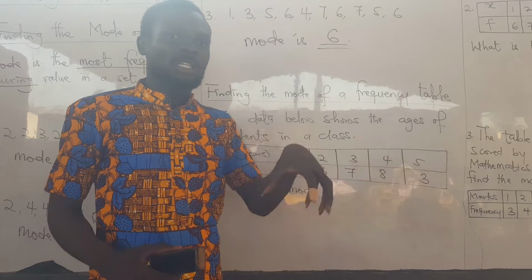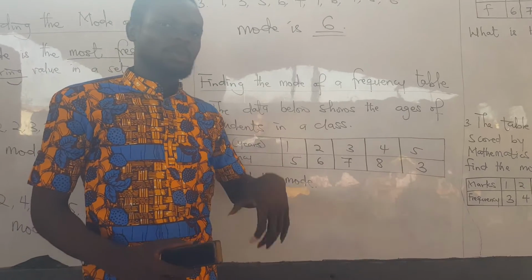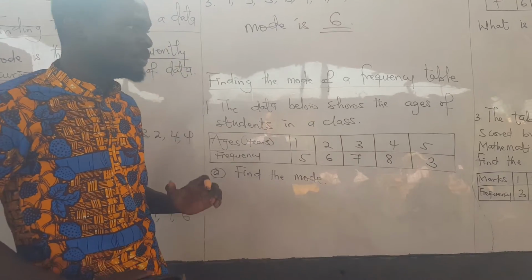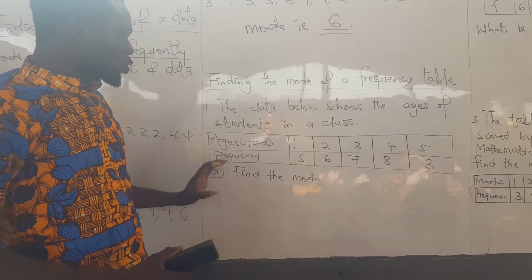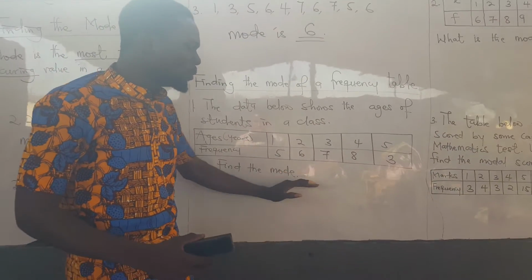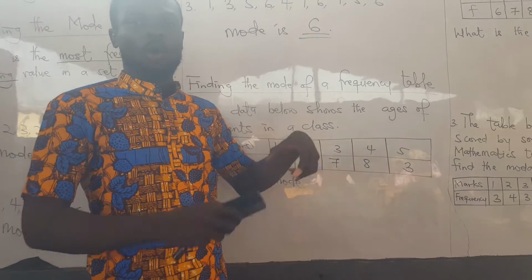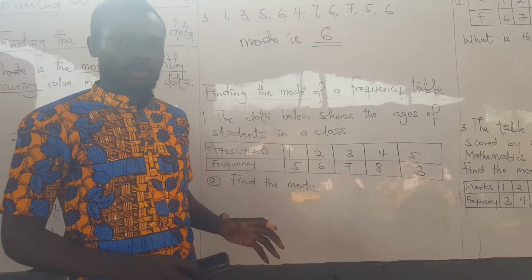But today we are concentrating only on finding the mode in a frequency distribution table. So the question is, find the mode. How can I find the mode on a frequency table?